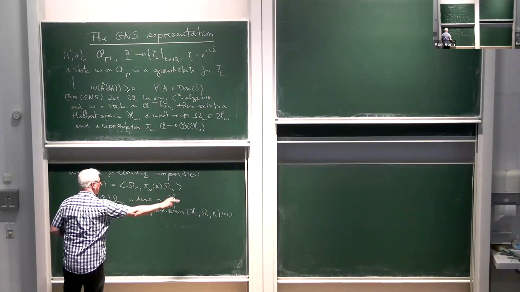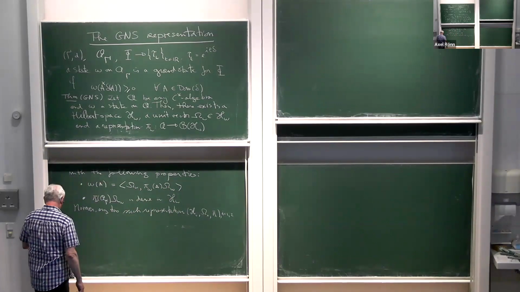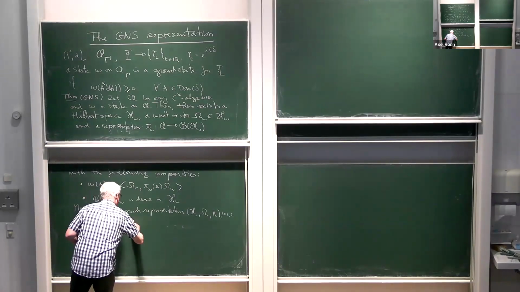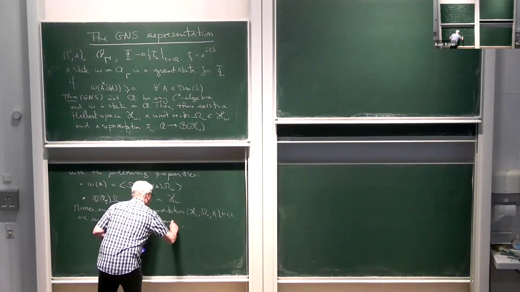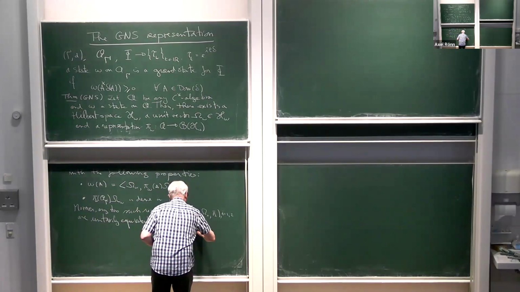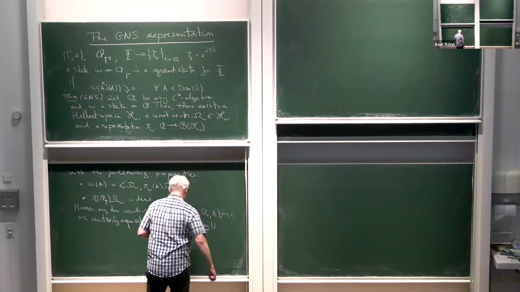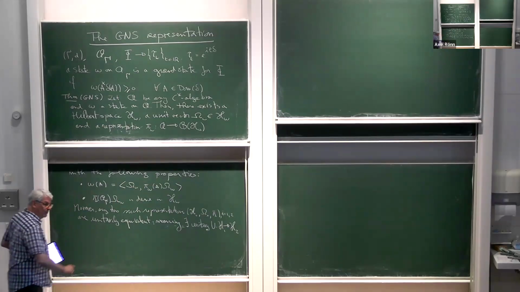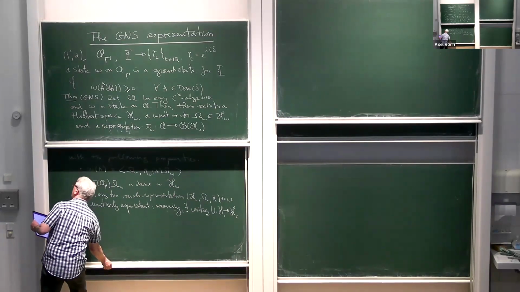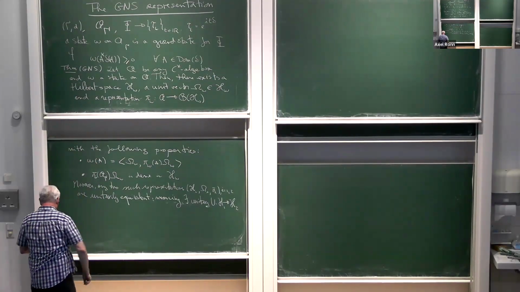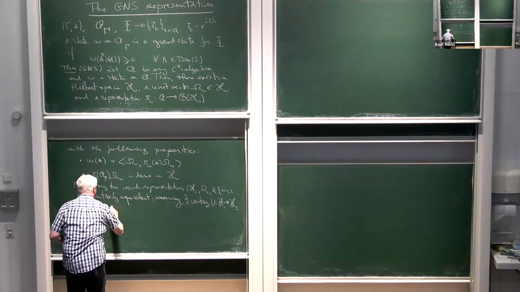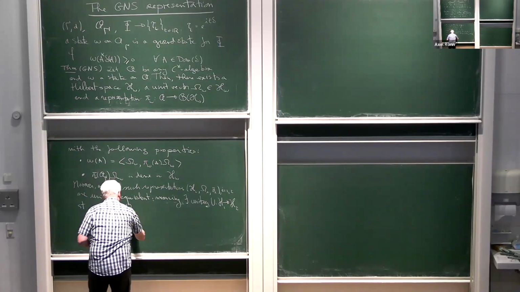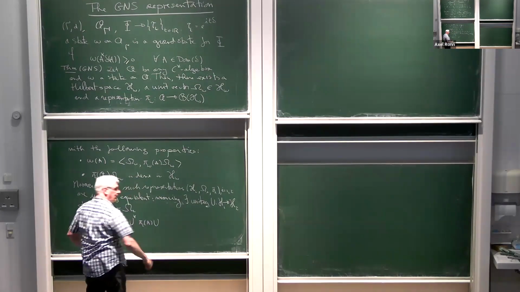Then there exists a unitary U from H1 to H2 such that Omega 1 is mapped to Omega 2, and the representations are unitarily equivalent in the sense that I conjugate pi 1 by U and I get pi 2.